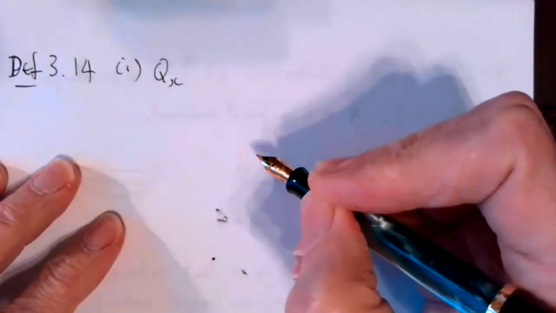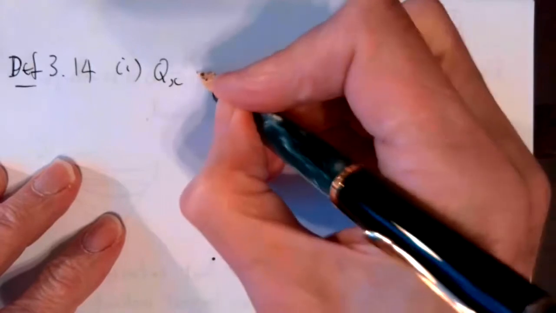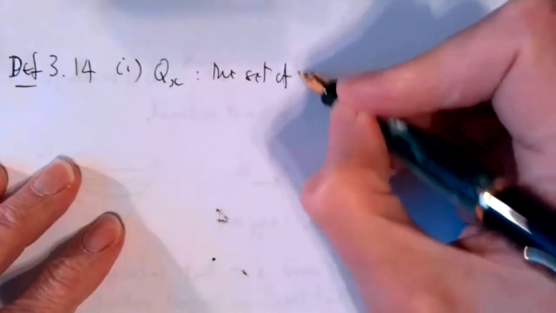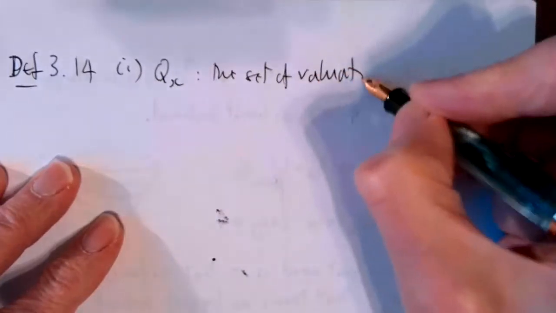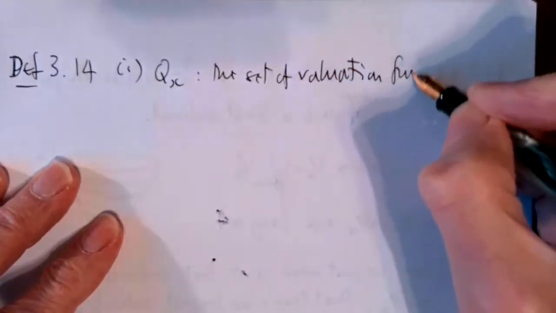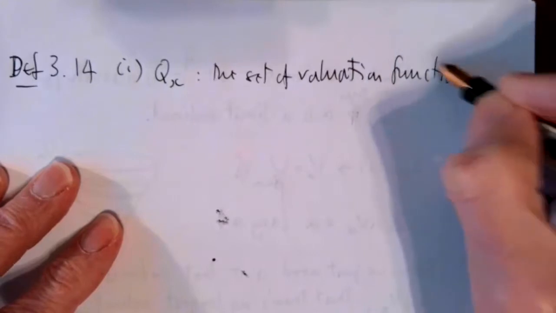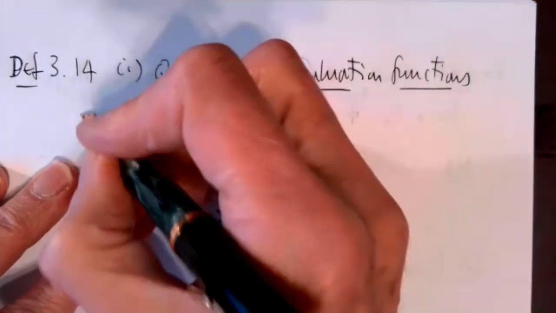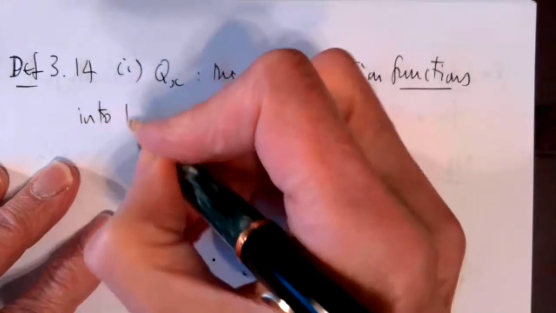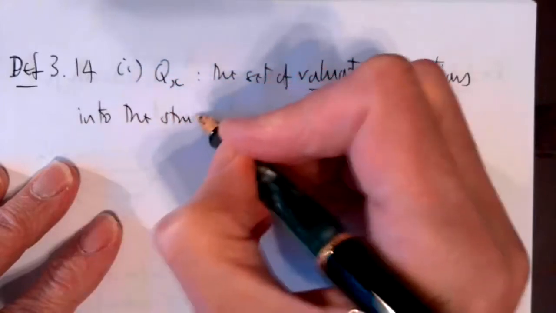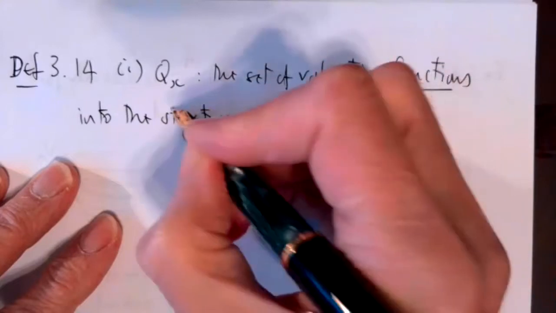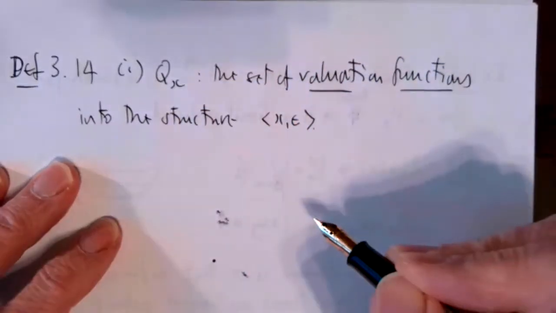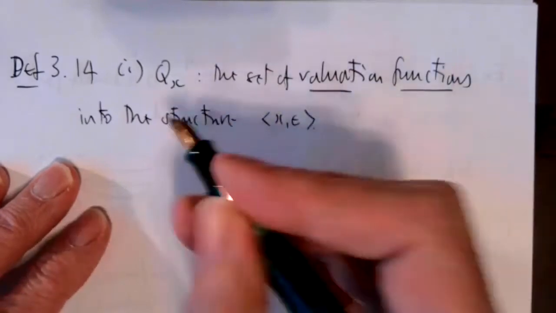We're going to define here a set of valuation functions into the structure X. Well, it's X with the epsilon relation. X is always going to be here.